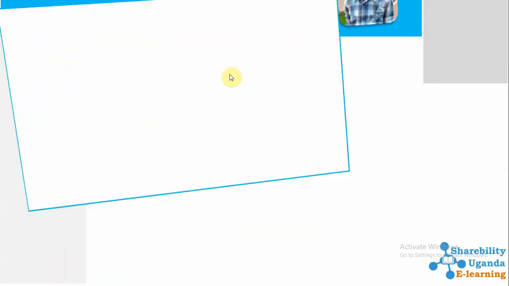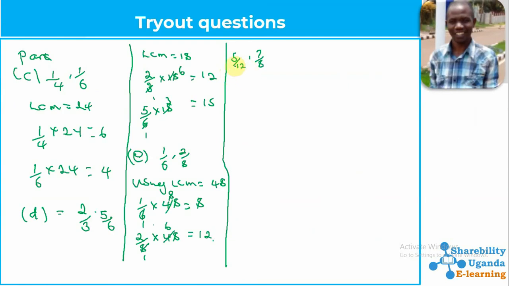So let's look out for the number that can divide 12 and 8. We just get our 12 times 8, we shall get that number. So when you say 12 times 8, we get 96.